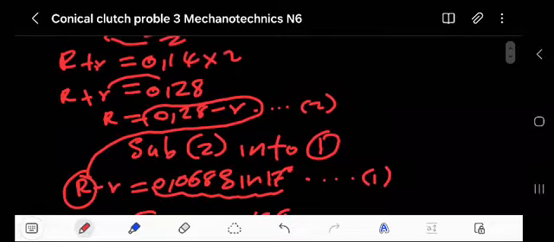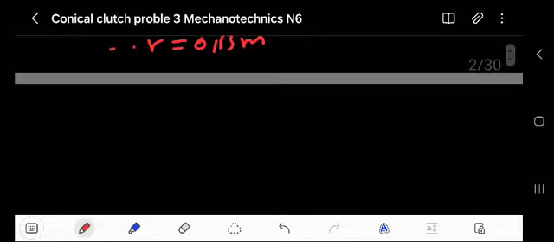From here, we set R from there. Our big R was equal to 0.28 minus R. Then we can substitute R here. We know that R is 0.13. Our outer radius will be 0.15 meter.